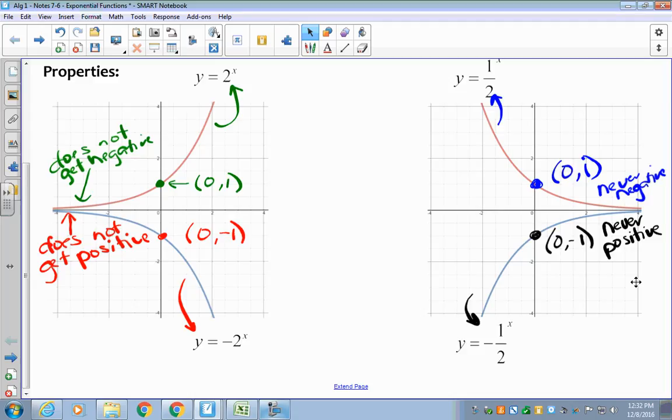But look how instead of starting really negative and opening up, this one opens up backwards. It's awesome. It's the opposite one, the opposite way.